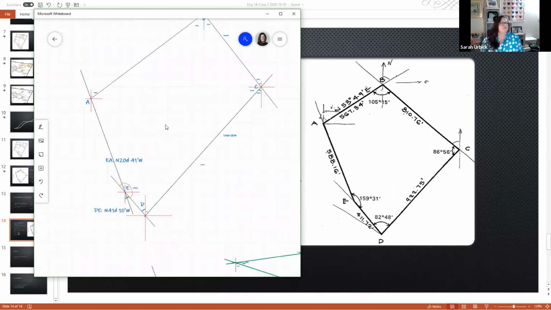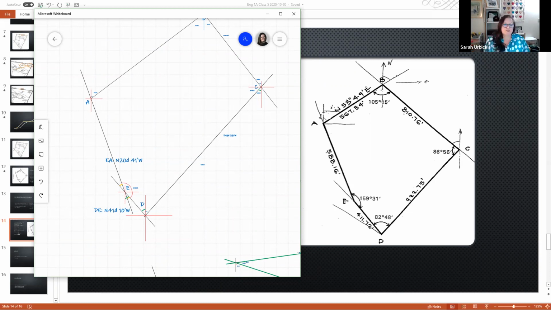That's my preferred method for going around the traverse. Do my little coordinate system at each point so I can figure out my angles. Just zoom in, blow up that corner so we can see what's going on. We can get a little more detail in what we need to look at.